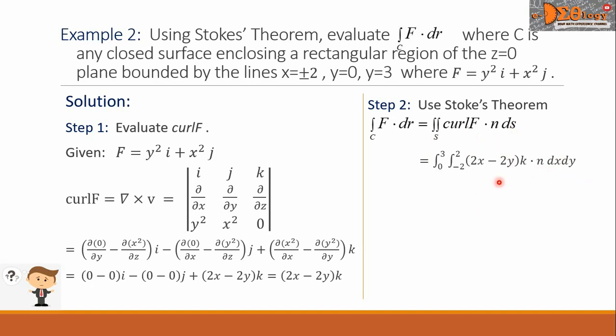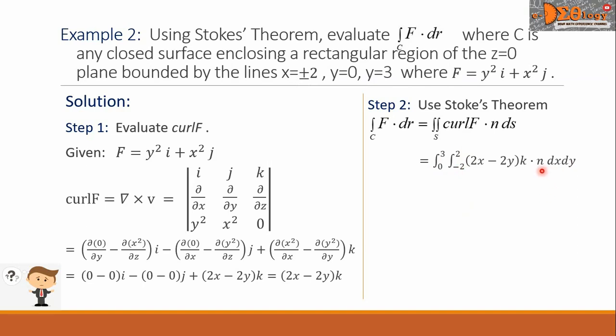For the limits of integration, the first integral has limits from 0 to 3, and this is with respect to y. The second integral has limits from negative 2 to positive 2, and this is with respect to x. Of course, this is with respect to dx.